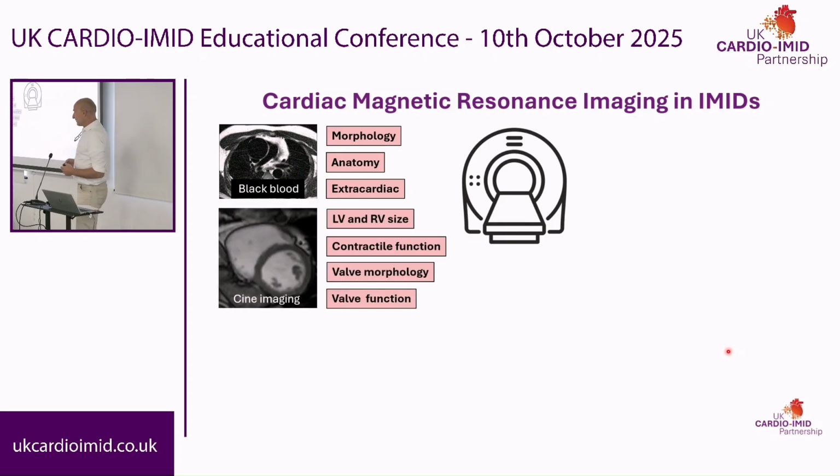The mainstay then of everything we do is a bit like an echo. There's cine images. We use them to look at left ventricular function, right ventricular function, and all sorts of other things, valve disease, etc. And the benefit here is that you get pictures like this in every patient.